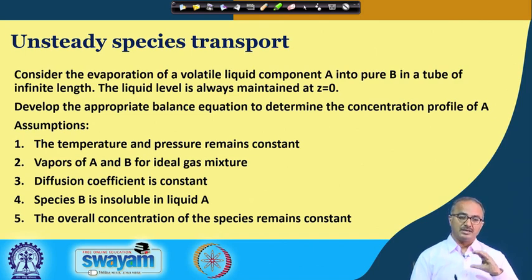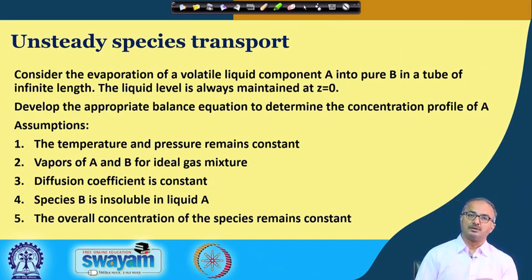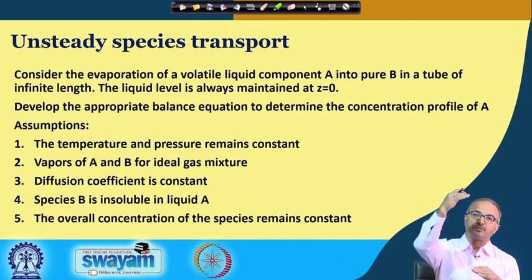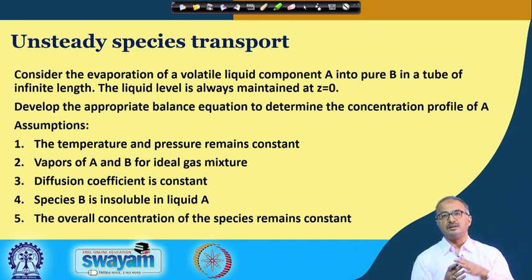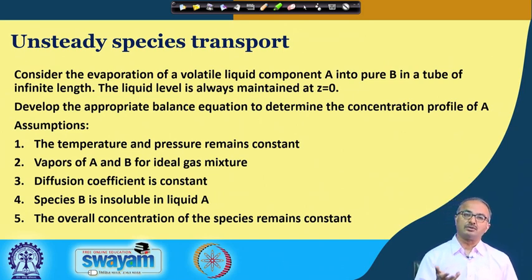In that case we say that infinite means that if I consider the atmosphere to be of infinite length, then this particular liquid goes into the atmosphere, and nearby the interface there will be some gradient, but as we move away from the surface of the liquid, we find that the concentration of the particular species which is evaporating also comes to a constant.